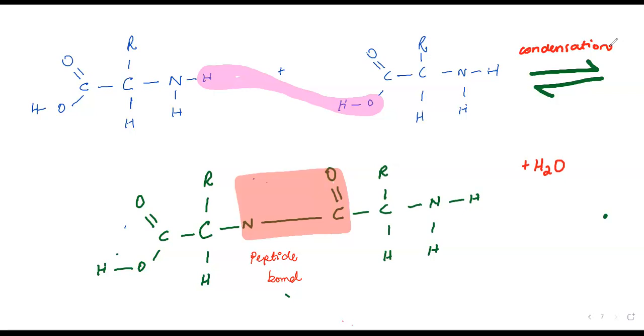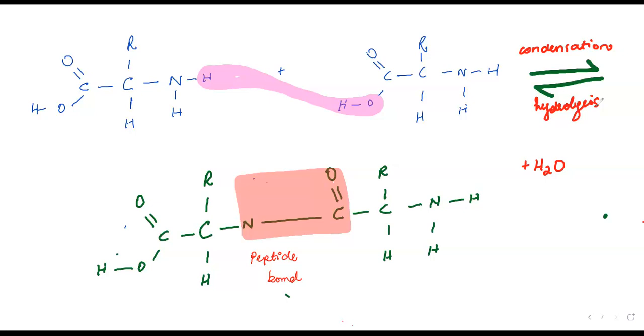I have my protein and I add water to my protein. So I can break down the peptide bond as well. The reverse reaction is known as hydrolysis. I can reverse the reaction by addition of water, break down the peptide bond, and make my two amino acids.